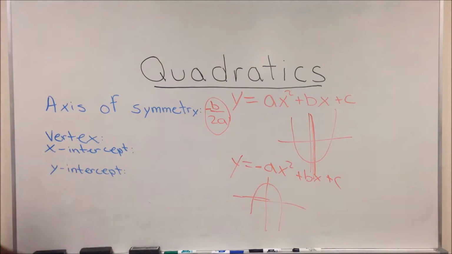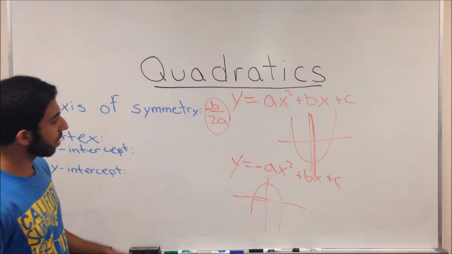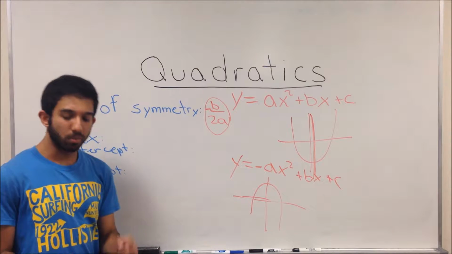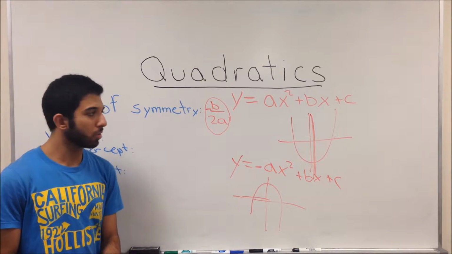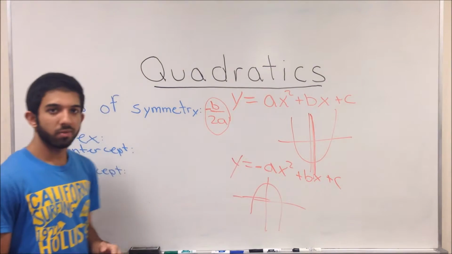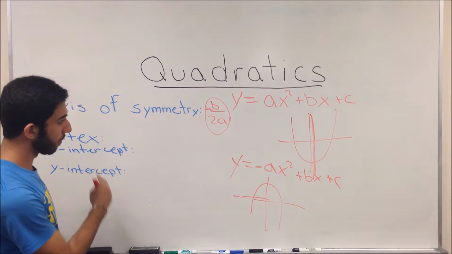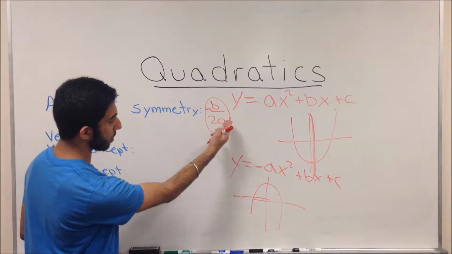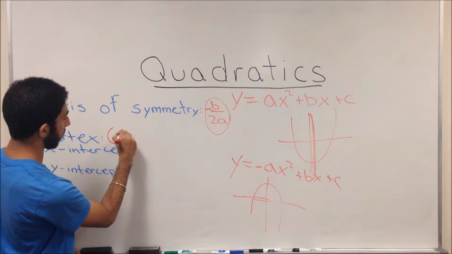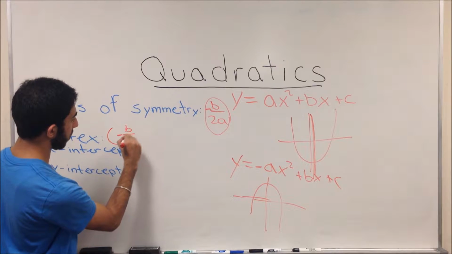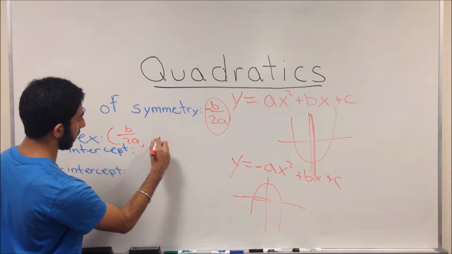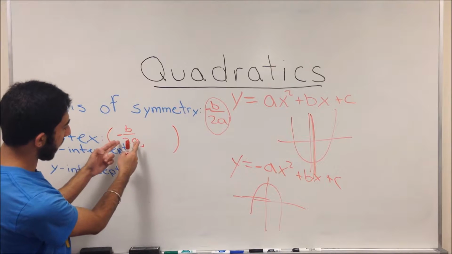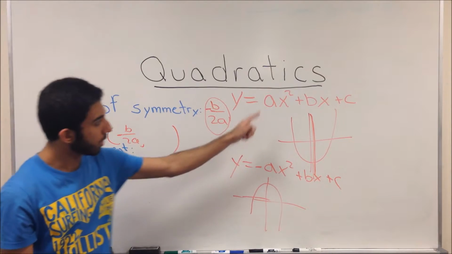The vertex lies on the axis of symmetry. The vertex is either your minimum or your maximum value for the quadratic equation. For your vertex, you will do negative b over 2a, which will give you your x value. And your y value will be when you plug the negative b over 2a into your equation.